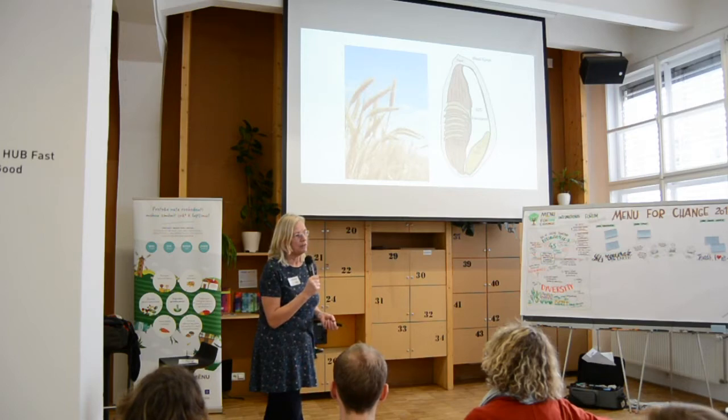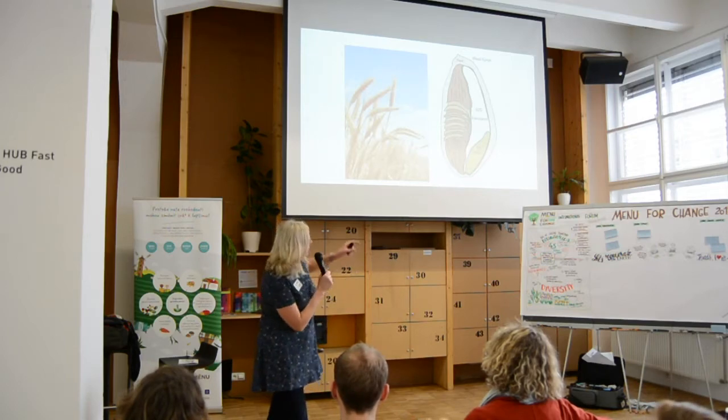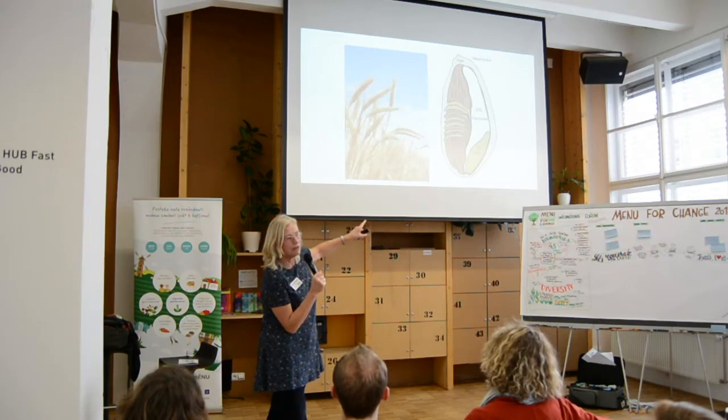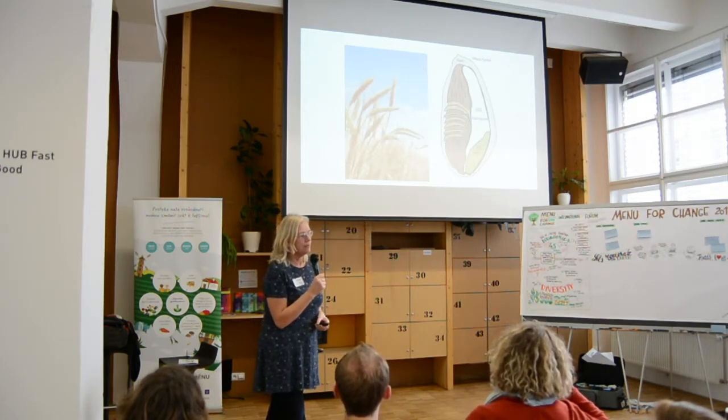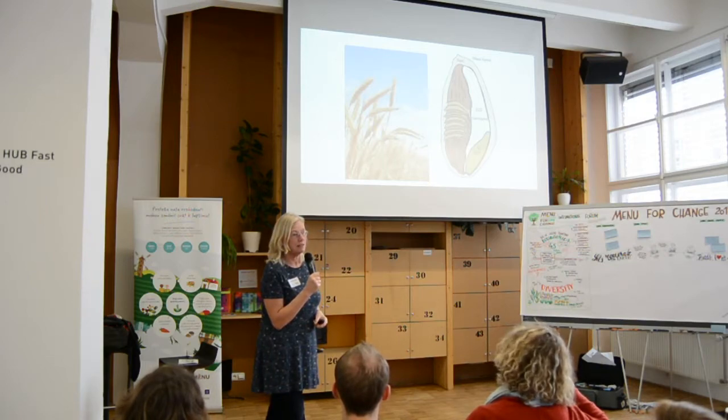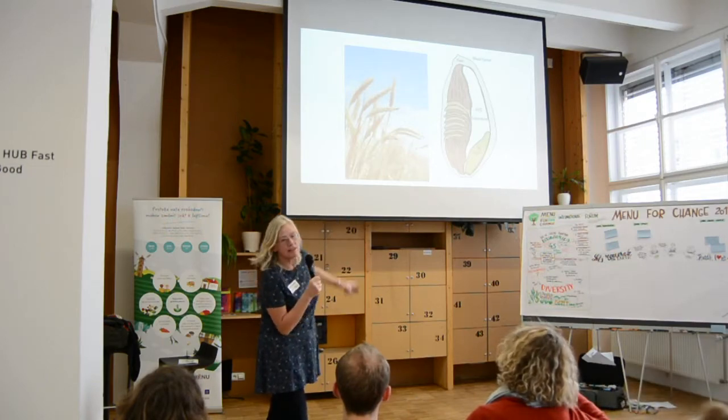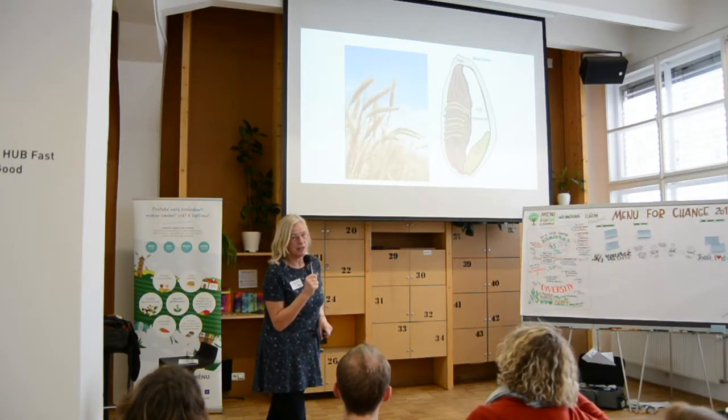So in the germ you have a lot of nutrients concentrated. So the essential fatty acids and the minerals and the protein, and then all around the outside there's a lot of B vitamins as well, and in the centre you get your carbohydrate.